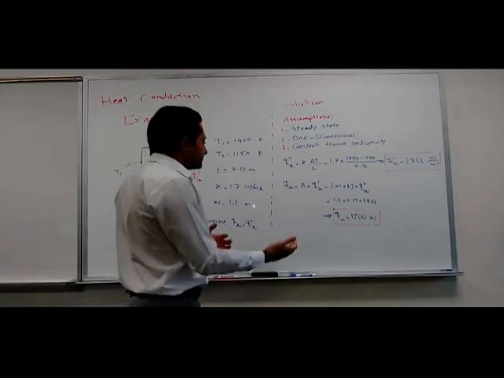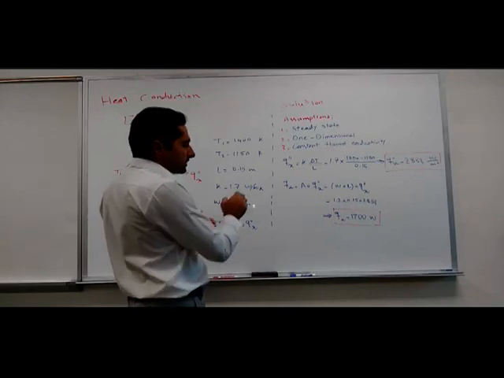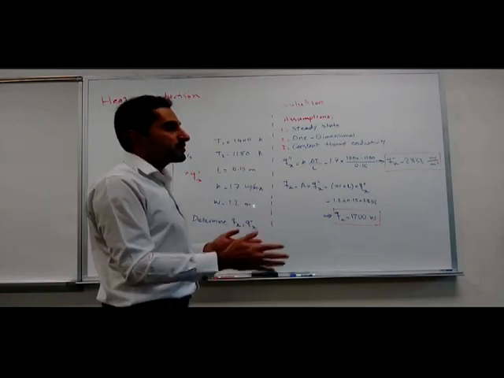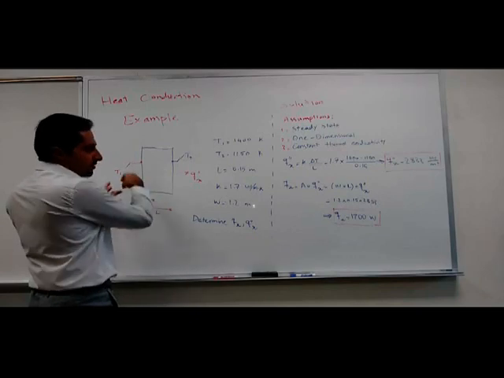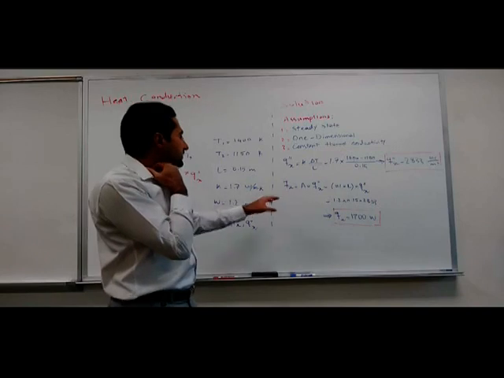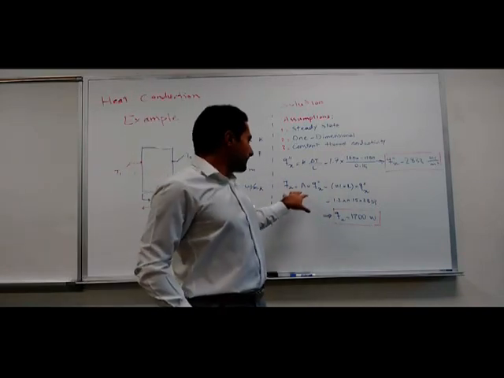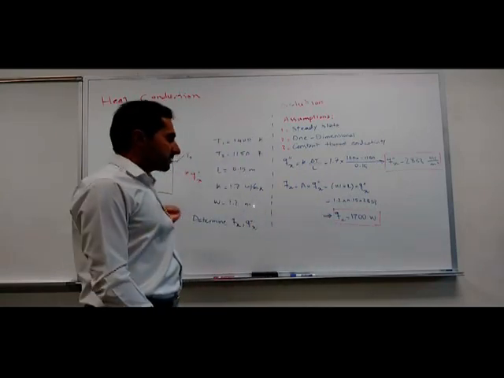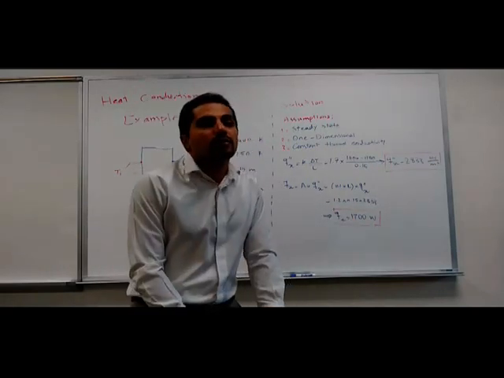And we know that heat conduction in X direction is equal to heat flux in X direction times the surface area, and the surface area is equal to length times the width of the wall. If you plug in the known parameters into this equation, it gives that the heat conduction in X direction is equal to 700 watts.